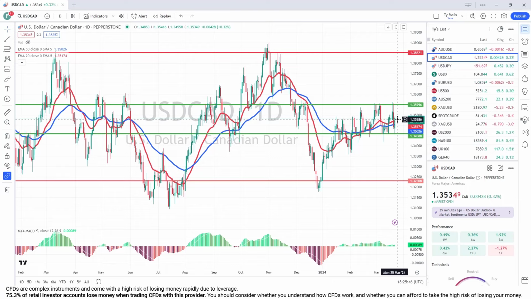If we're getting swings up, trade it up to the highs at around that 136, and if it starts to reverse from here and look a little bit weak, then start aiming for that 134.60 to 50 area, and that will keep you in the bounds. We're not looking for anything more extravagant on this one until we get a daily close either above 136 or below 134.50. Pretty straightforward trading on the CAD.